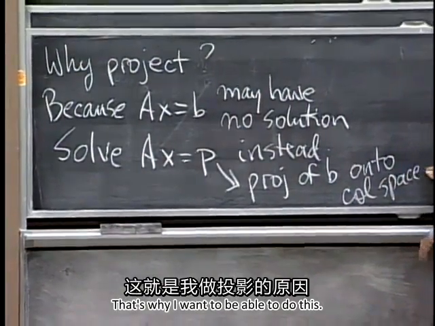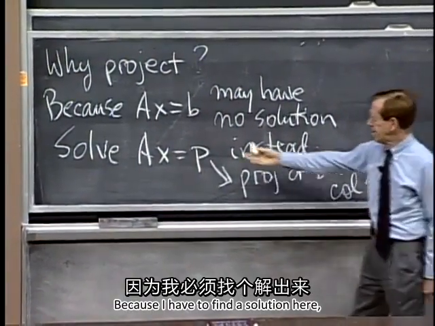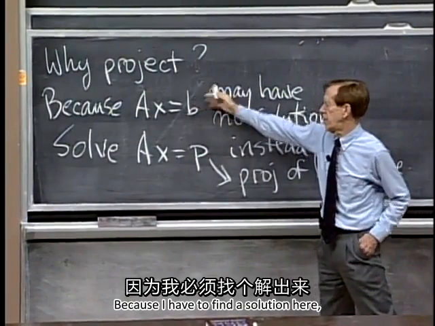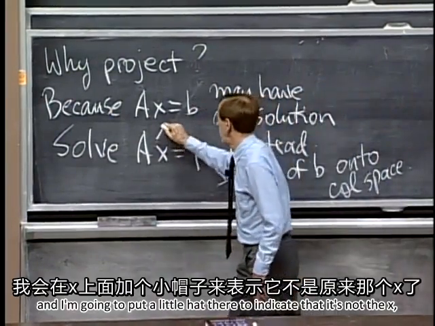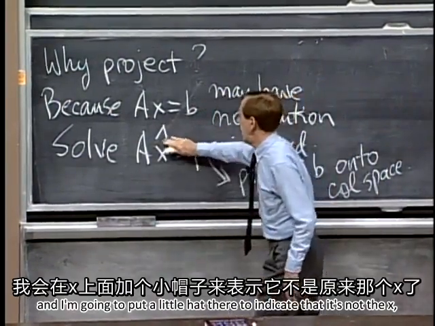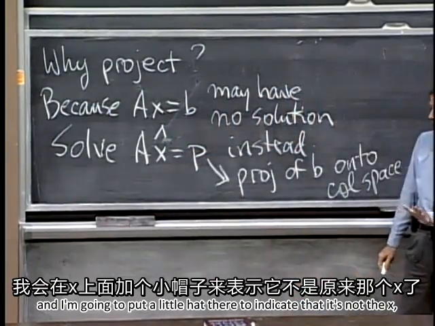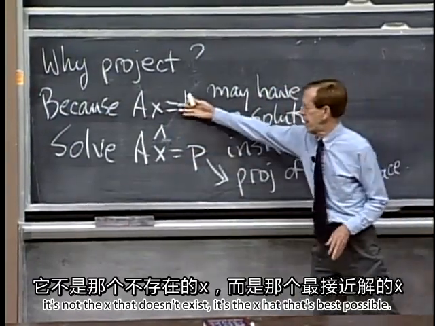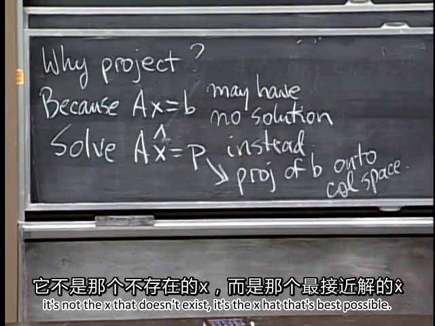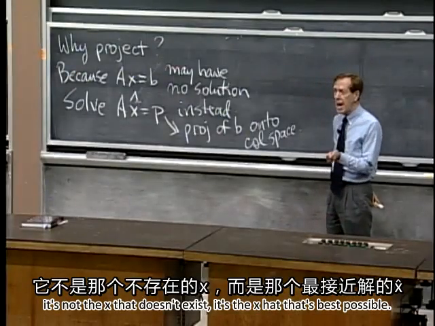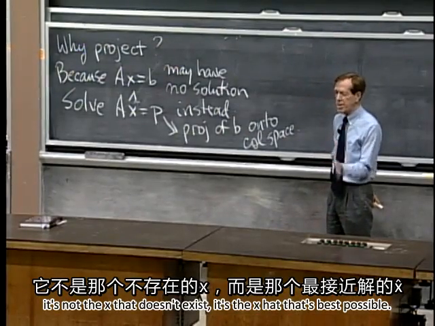That's why I want to be able to do this, because I have to find a solution here, and I'm going to put a little hat there to indicate that it's not the X that doesn't exist. It's the X hat that's best possible.